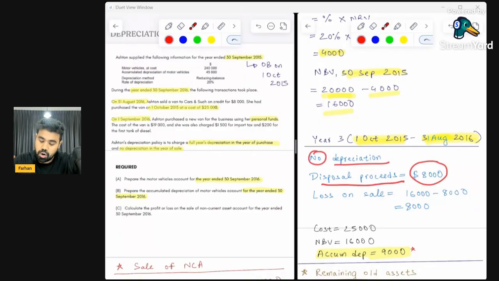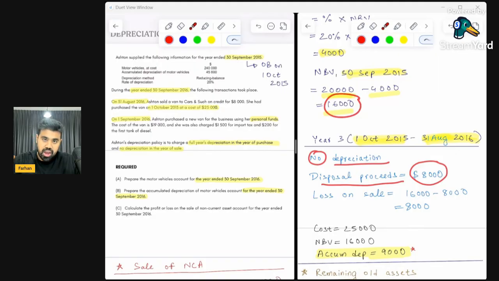Okay? All right. Now, before we sold this asset, we had a net book value of $16,000. Okay? Net book value represents the economic benefit still available for consumption for the purpose of generating revenue for the business.